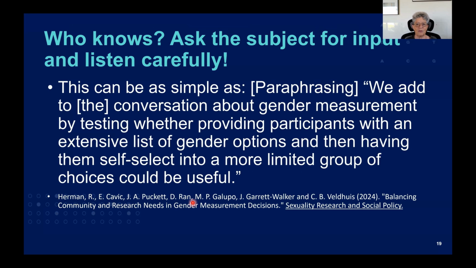This can be as simple as, and I'm paraphrasing this recent study by Herman and colleagues, that we add to the conversation about gender measurement by testing whether providing participants with an extensive list of gender options and then having them self-select into a more limited group of choices could be better than simply starting the study by saying, here are your 3 choices, choose one, or here are your 4 choices, choose one, but rather shaping the questioning by asking the participants' help in doing so.